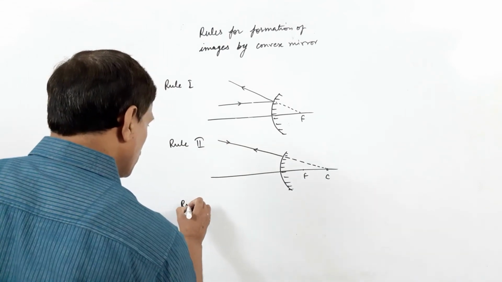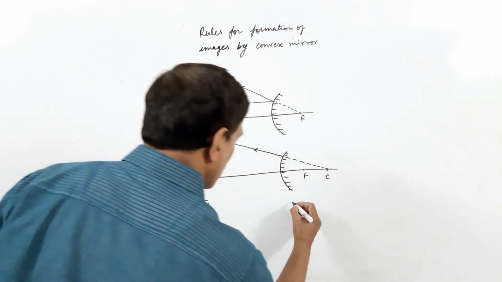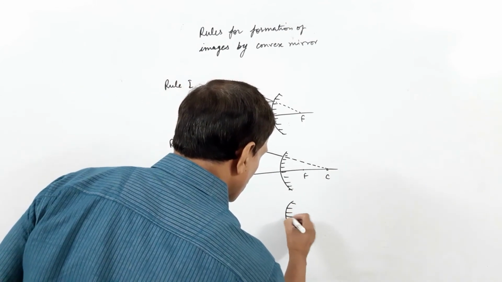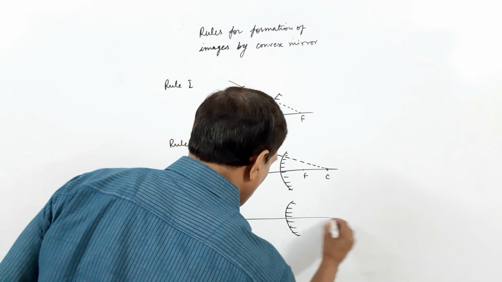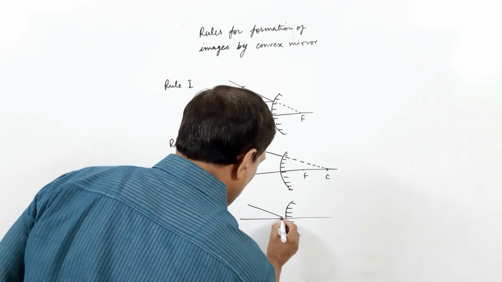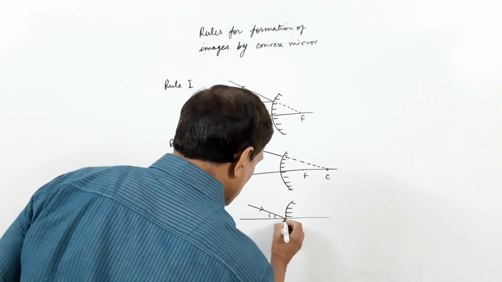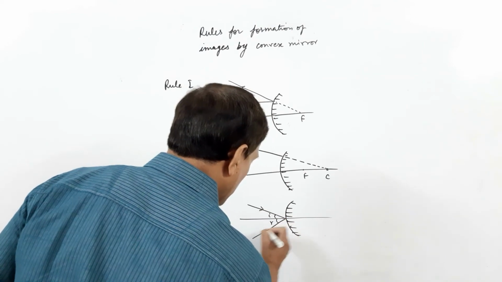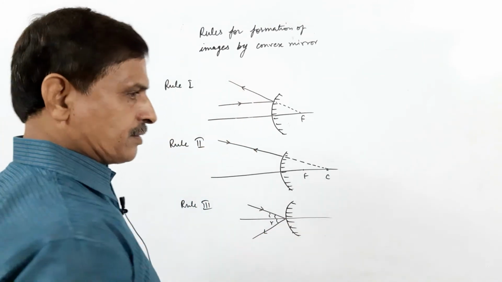Rule third, the angle of incidence is equal to the angle of reflection.